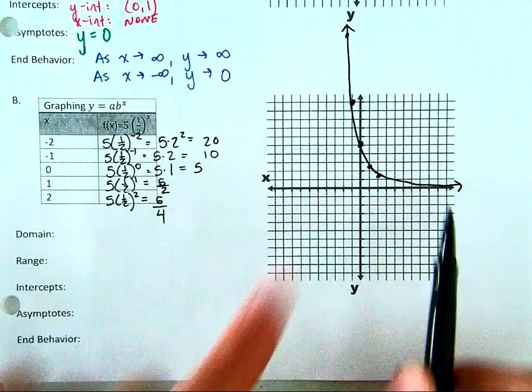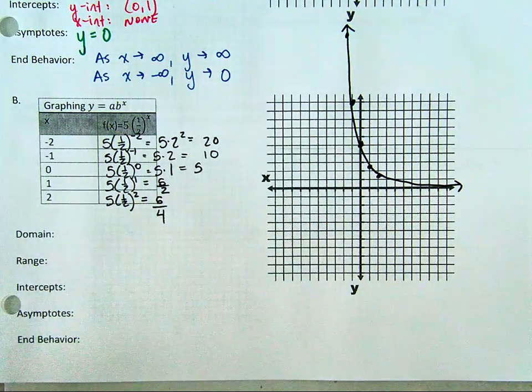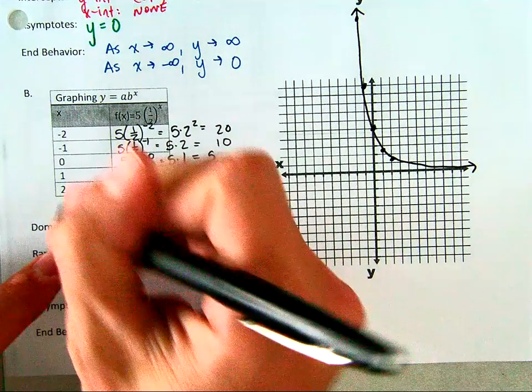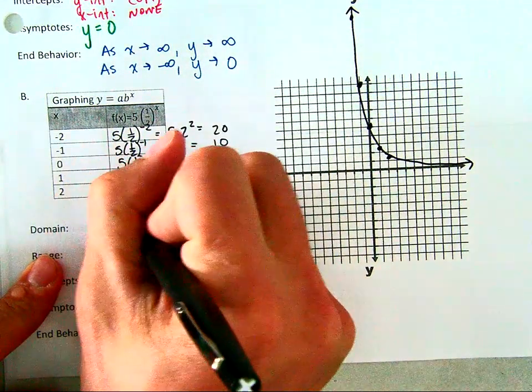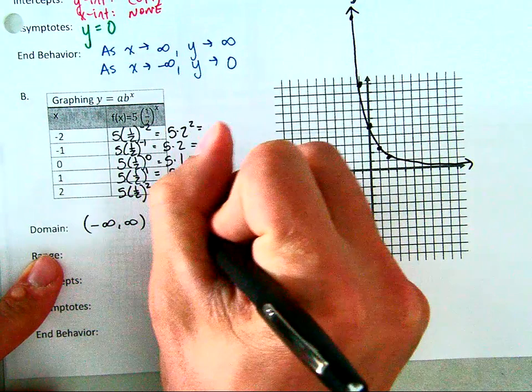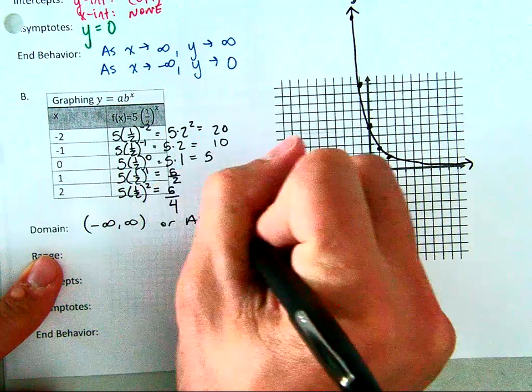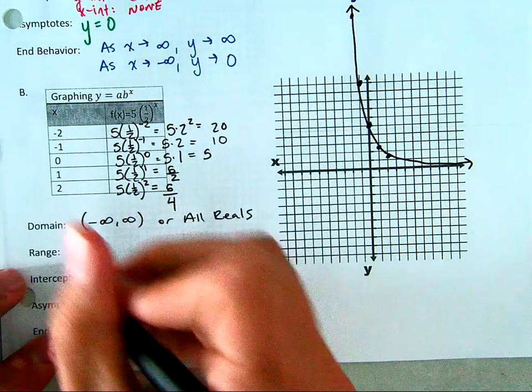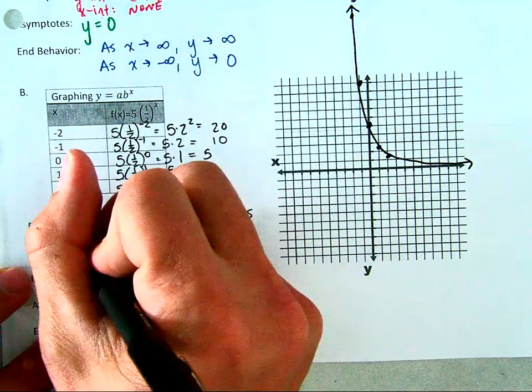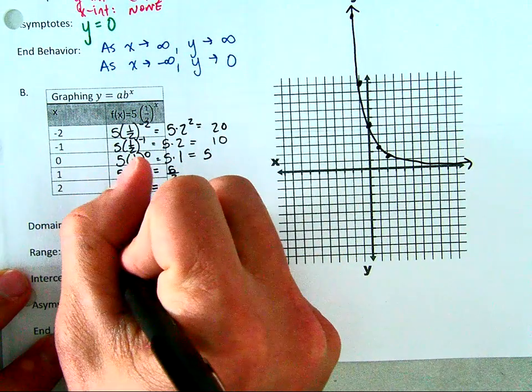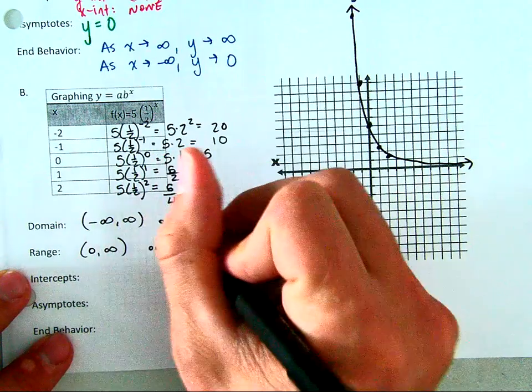Okay. So looking at our key features, the domain, okay, we can write it either way. The range, this time it's going to 0, so we're going to say 0 to infinity, or y is greater than 0, either one.